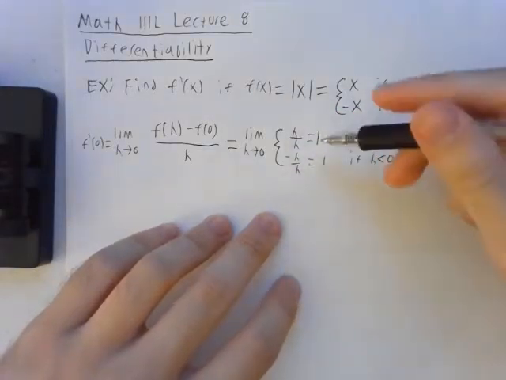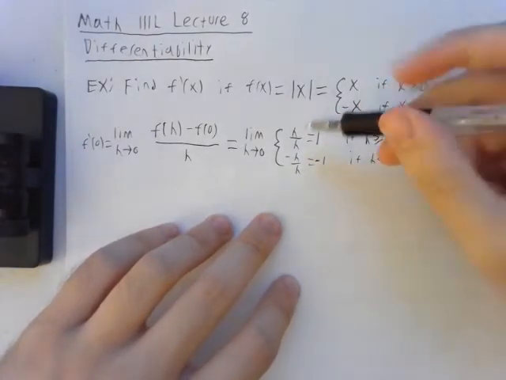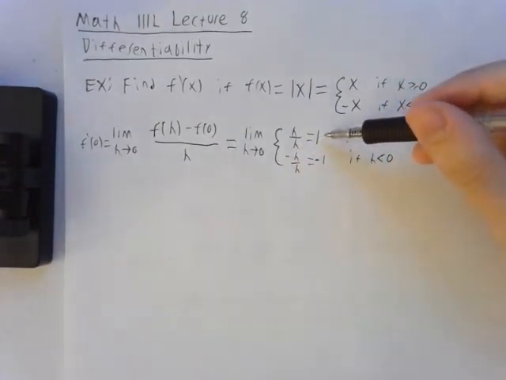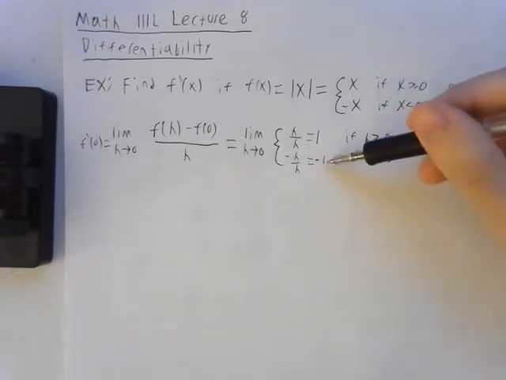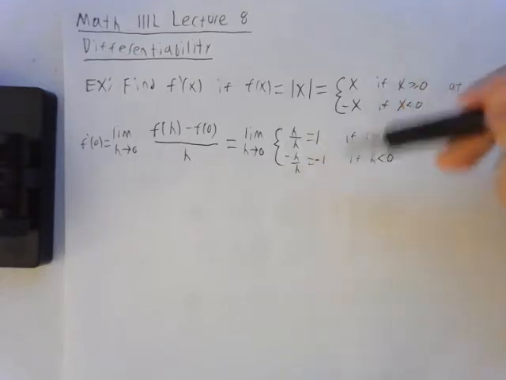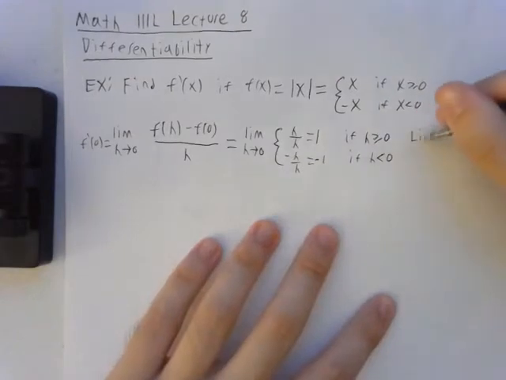So if we come in from the right-hand side, then we have a value of 1 always, so the limit from the right is equal to 1. But as we come in from the left-hand side, we get a value of -1, so the left-hand limit is -1, and therefore the limits from the two sides do not agree, so the limit does not exist.